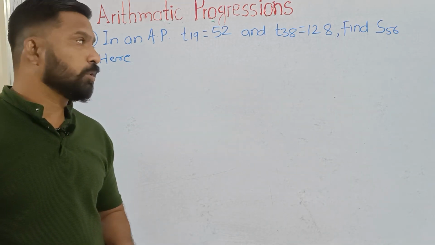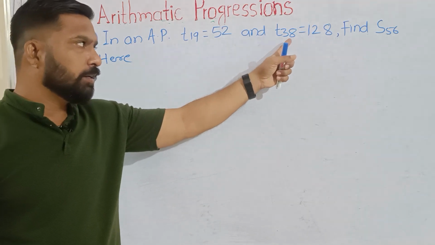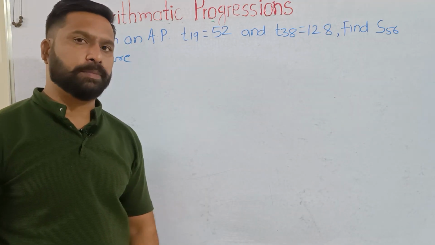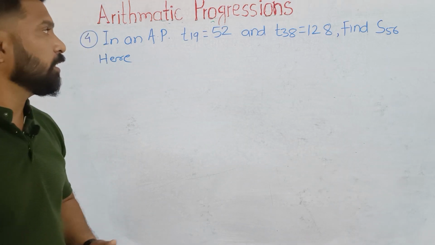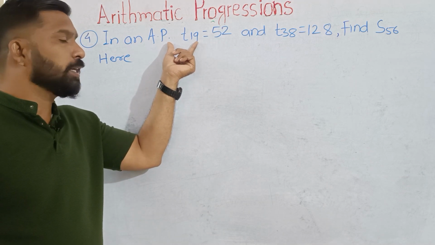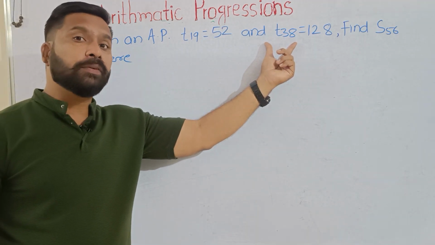Now we are going to discuss the fourth question. In this question they are saying the 19th term is 52, the 30th term is 128. Then find the sum of first 56 terms. It is a little bit different kind of question. Now you can see the 19th term is 52, means it is a plus 18d. It is a plus 37d.